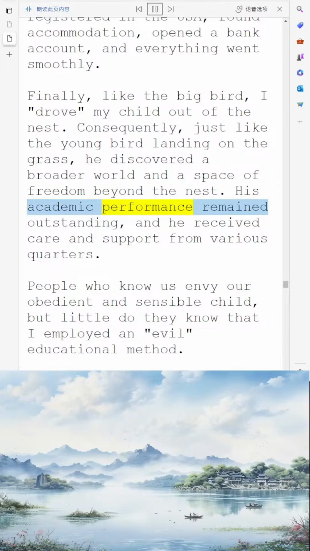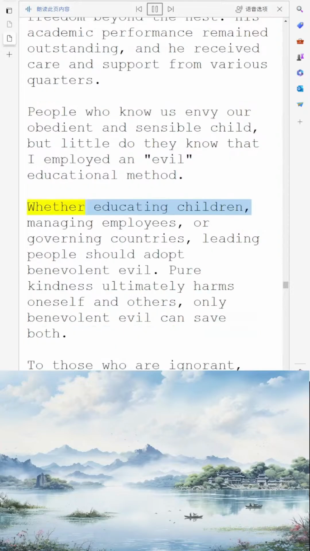His academic performance remained outstanding, and he received care and support from various quarters. People who know us envy our obedient and sensible child, but little do they know that I employed an evil educational method. Whether educating children, managing employees, or governing countries, leading people should adopt benevolent evil.